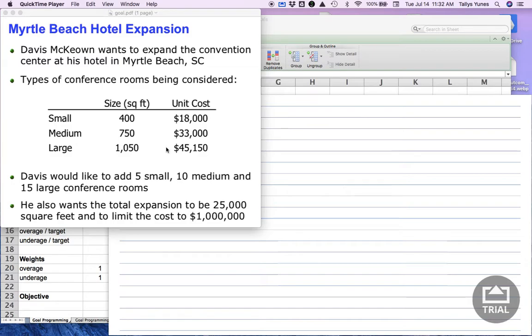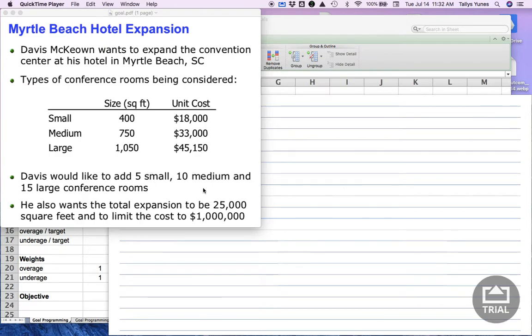This person's initial goals are the following. They would like to have 5 extra small rooms, 10 extra medium rooms, and 15 extra large rooms. And he wants the expansion in total to be 25,000 square feet, and the budget he has for this is $1 million.